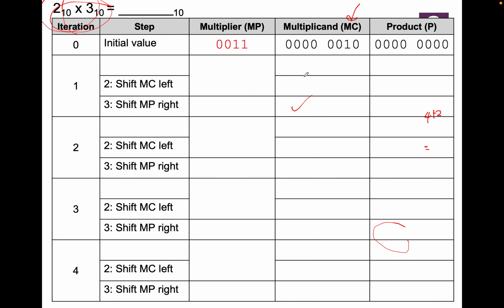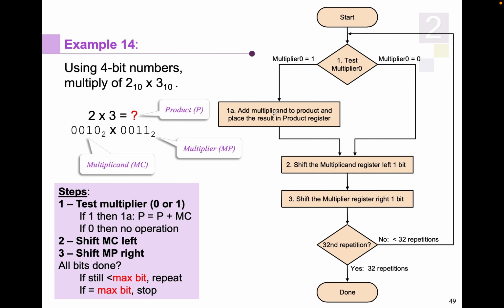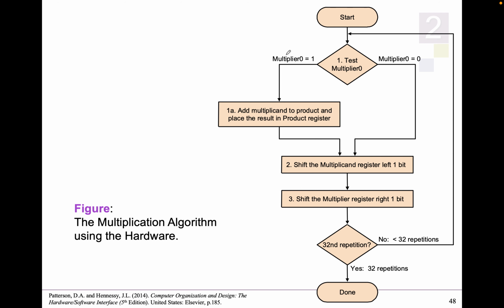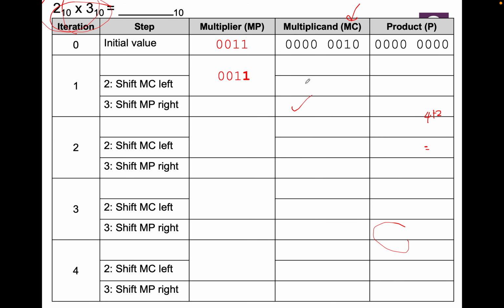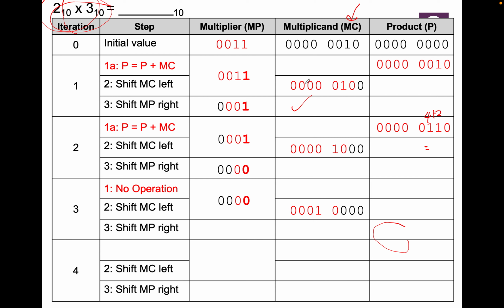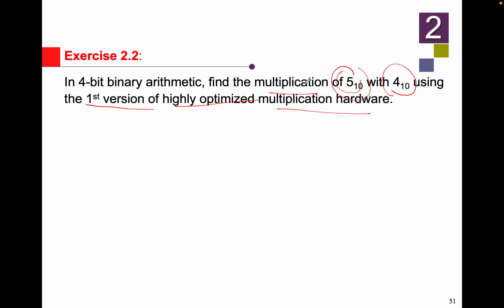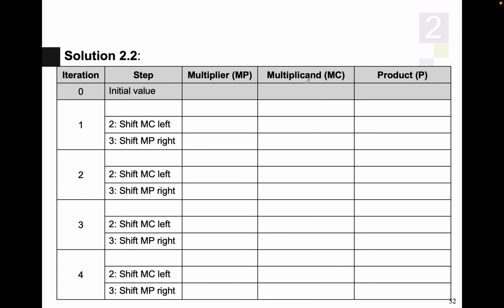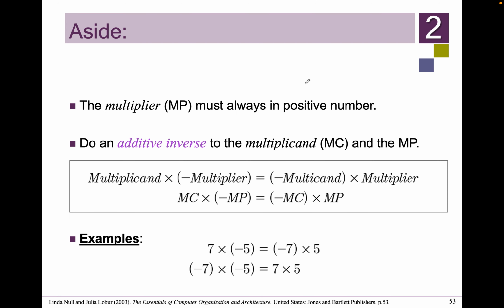This one is the method name for this part. So now let's take a look at the example. Okay, what is our value? Multiplier and multiplications.